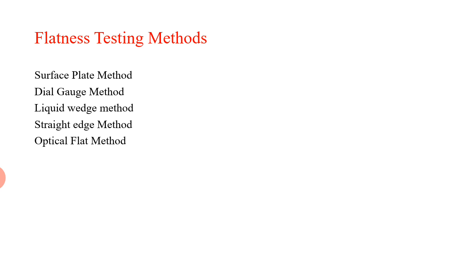The surface plate can be obtained in many sizes from 160 mm by 100 mm to 2500 mm by 1600 mm. For flatness testing by surface plate, initially the surface to be checked is cleaned and any burrs are removed with an oil stone.